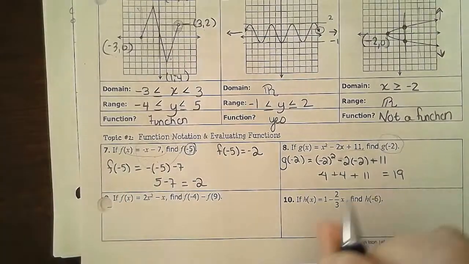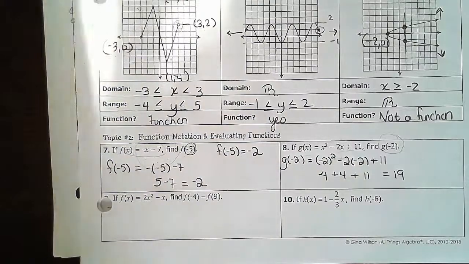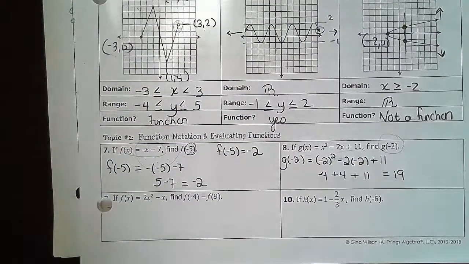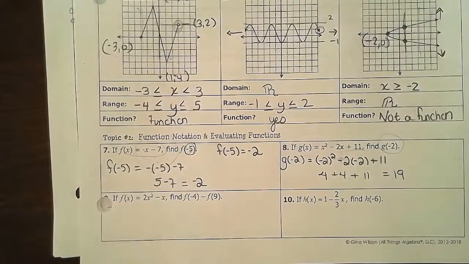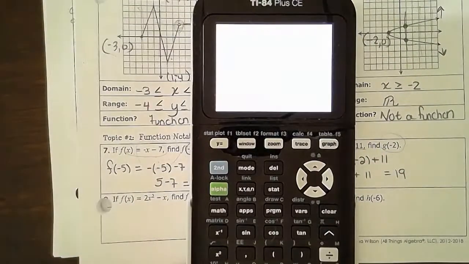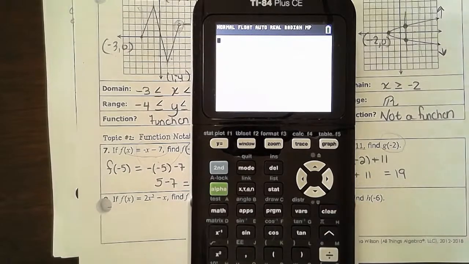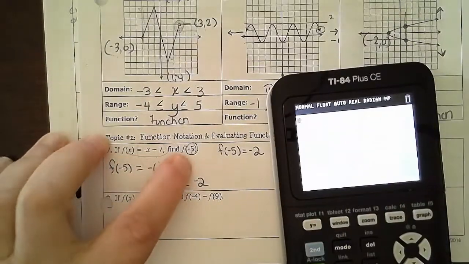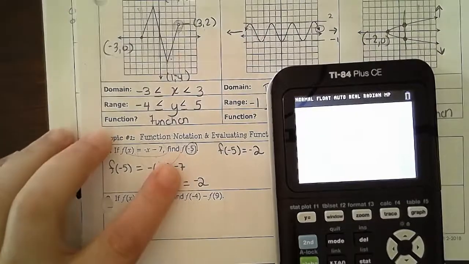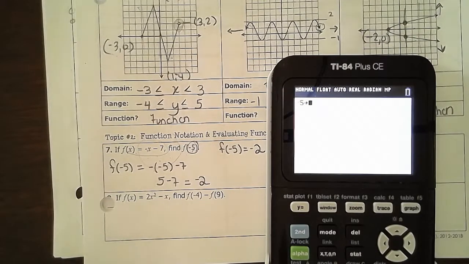Okay, but let me show you what you can do with your calculator. It's a huge tool for you. Okay, so remember how we use the store key to store certain values into our calculator. Okay, so here, let's look at this. We have f of negative 5, right? So we're going to say, okay, negative 5 is going to be our x value.